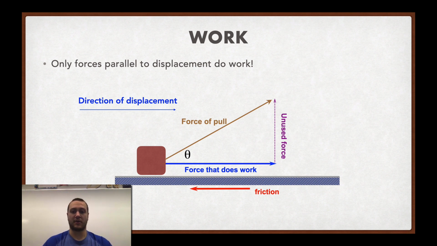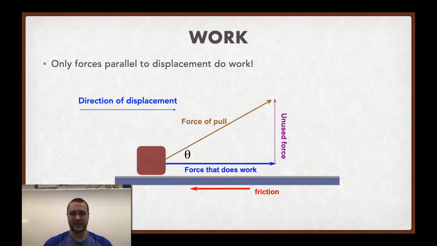The reason that purple vector is unused in terms of work is because only the force in the direction of motion, the force that's parallel to the motion, is the force that does work. The blue vectors here, both pointing to the right, are the direction it's moving. That is the force that is doing work, the force that is causing the acceleration.